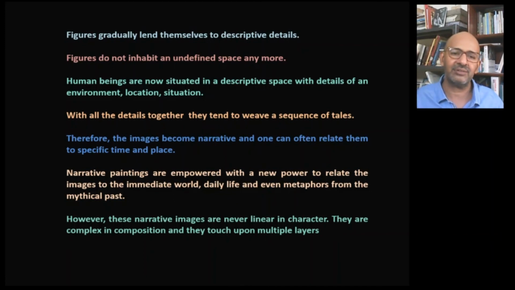Human beings are now situated in a descriptive space with details of an environment, location, situation. With all the details together, they tend to weave a sequence of tales. So the tales are not necessarily given, but there are details, there are threads with which you can weave a tale. And the tendency is, of course, to tell the viewers not one, but maybe many stories.